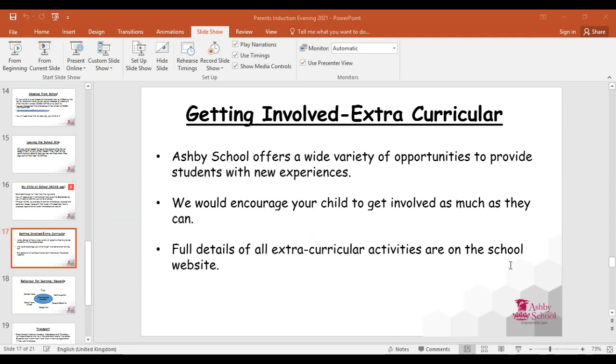There are all the back of the stage things that they can get involved with as well if it's something they're interested in. All the details of extracurricular activities and trips and things like that are all on the school website as well. But hopefully your child won't be just finishing at 3:05 and leaving. Hopefully they'll get involved in the wider school community as well, which we definitely encourage throughout their time at Ashby.